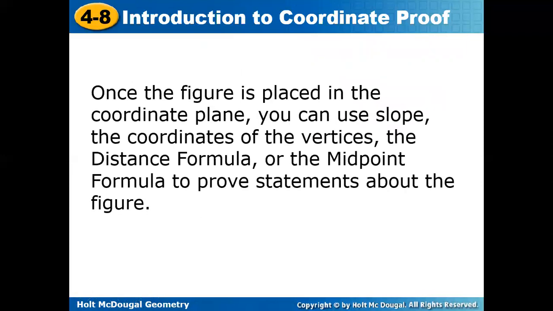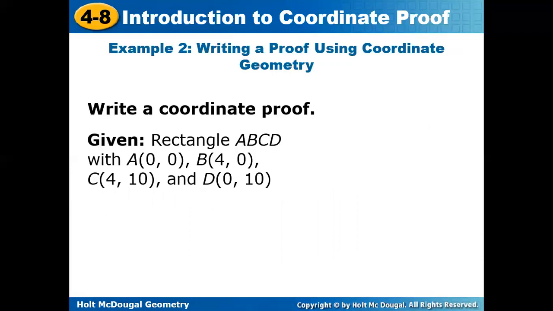Once a figure is placed in the coordinate plane, you can use slope, the coordinates of the vertices, the distance formula, or the midpoint formula to prove statements about the figure. Let's see example 2.